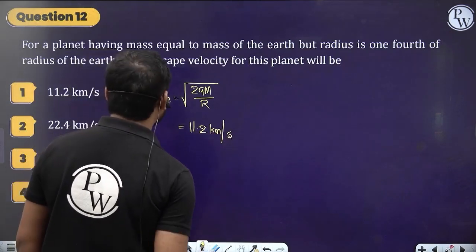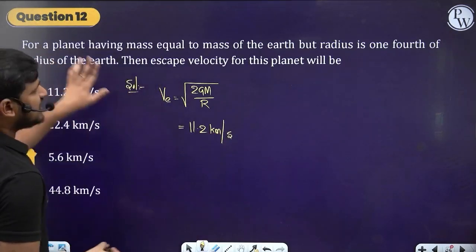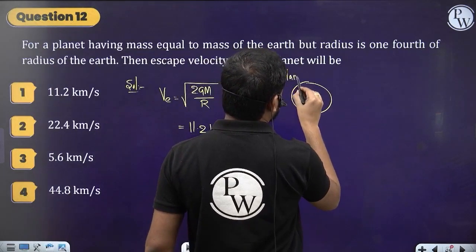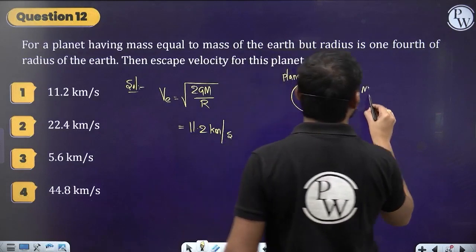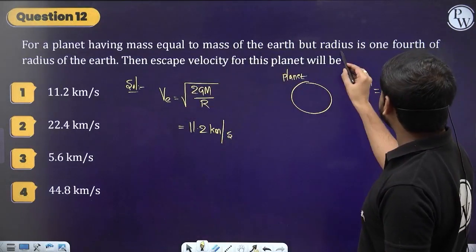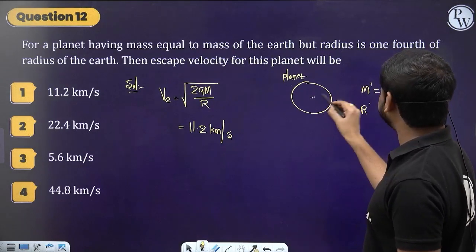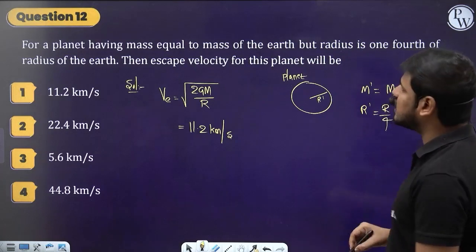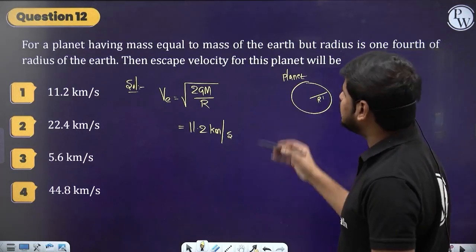So they are saying for a planet, some other planet, whose mass M dash is equal to the mass of the Earth. But its radius, let it be R dash, is 1/4 of the radius of the Earth, so R by 4. So then what is the escape velocity?